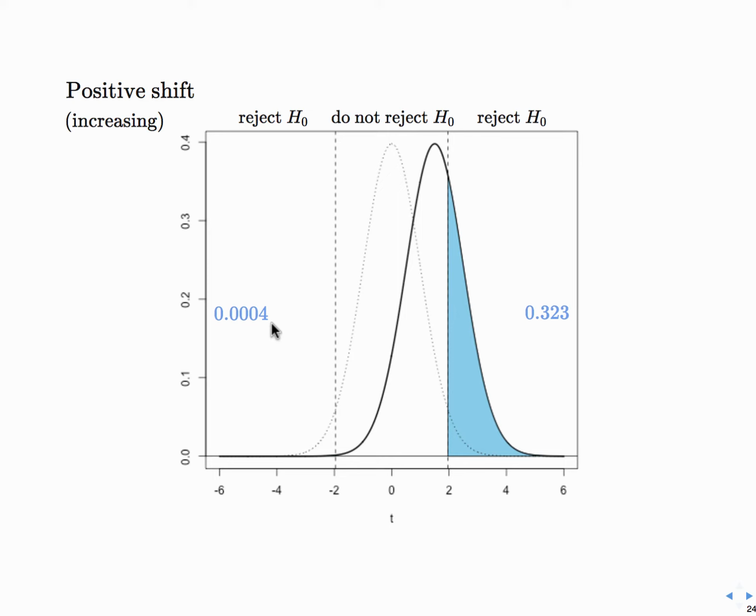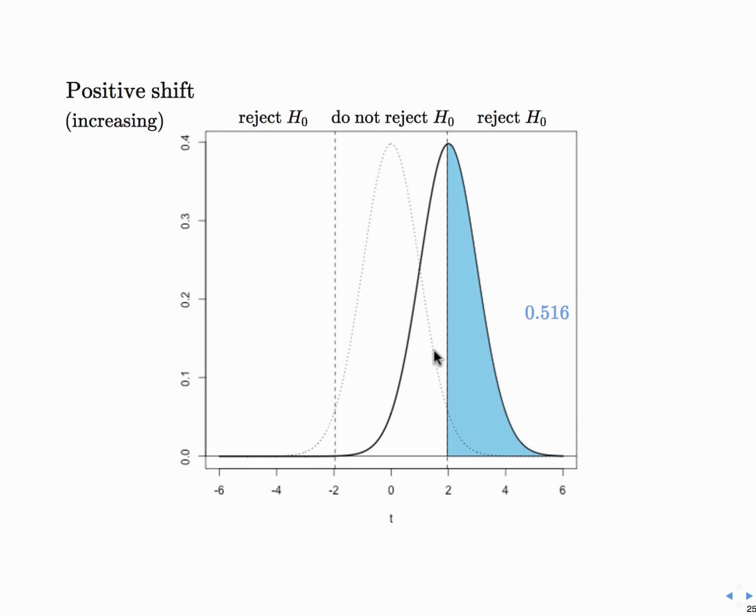It never quite gets to zero, but it becomes very, very close to zero as the distribution shifts further and further up here. I've actually stopped writing it down there because it's 0.0000 and then something. So there's always some probability here, but it's not worth keeping track of.